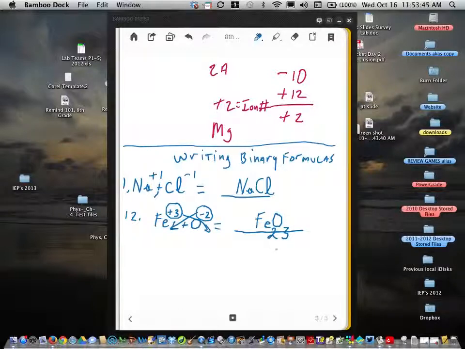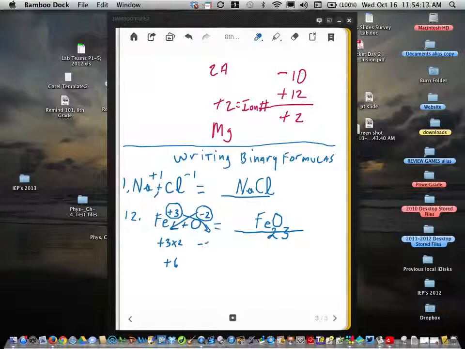Remember the law of conservation of matter? Well, that's what we're talking about here. Because what you do is you add up the positive 3's that you need. I have plus 3, and I need 2 of them, times 2. That equals plus 6. Then I have oxygen. How many oxygens do I need?